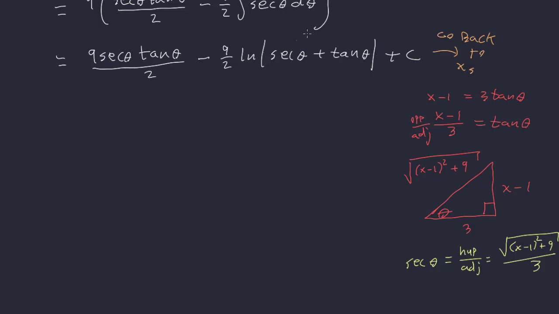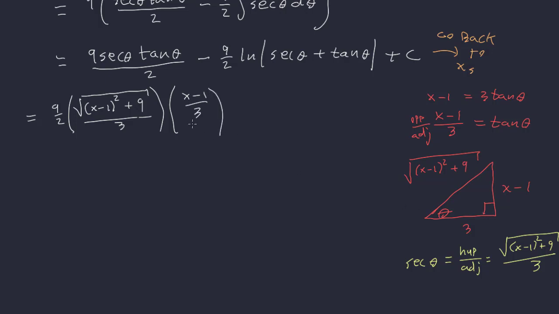We're going to use that here. Okay, so to simplify this, I'm going to put the 9 halves on the outside. So it'll be 9 halves times secant, which is the square root of x minus 1 squared plus 9 all over 3, times our tangent, which is x minus 1 over 3.